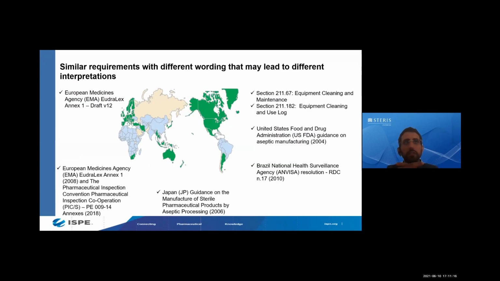If we look at the different regulations, either the draft Annex 1 or the current Annex 1, the PICS Annex 1, the Japanese guideline for sterile manufacture, the US FDA guidelines for aseptic manufacturing, and the CFR, the wording used is similar, and the process to implement a cleaning and disinfection process seems to be similar.